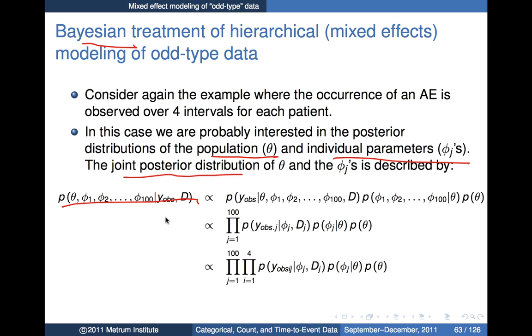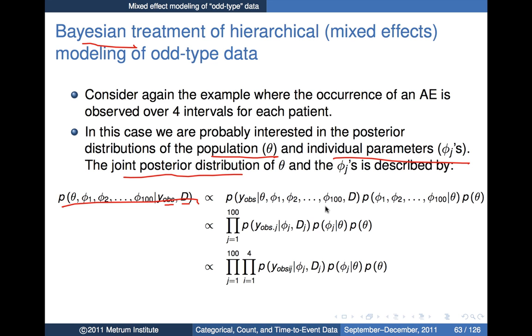So what we want then is this. We want our posterior distribution for the thetas and all of our phis given our data and our covariates, in this case just dose. And we start writing that out.